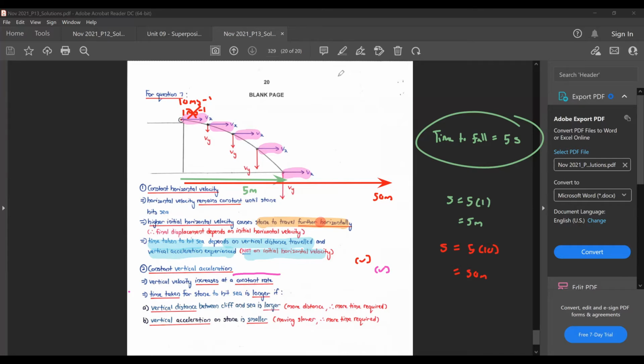Okay, what we mean by that is this. You see, if, say for example, I told you that this is a distance of, for the sake of discussion, 100 meters.